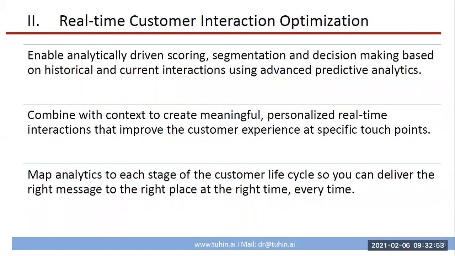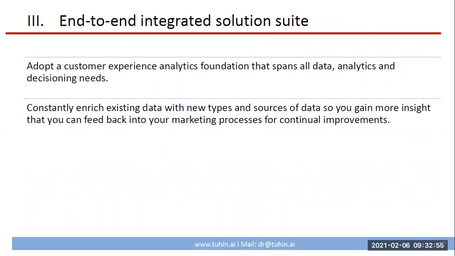Okay, sir. Okay, let's move. So the third part is the end-to-end integrated solution. As I mentioned, it should be integrated. It should talk to the different components. It cannot just remain in silo.